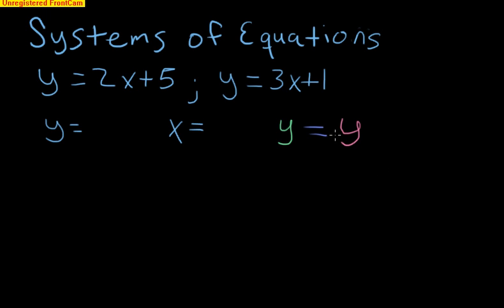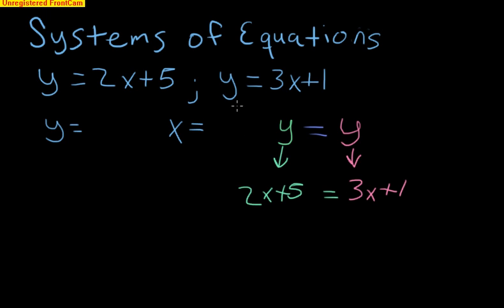In other words, we know that y equals 3x plus 1, so we're just going to call this y. Y is equal to 3x plus 1. And over here, we know that y is equal to 2x plus 5, so we're going to use this y and just say this is 2x plus 5.